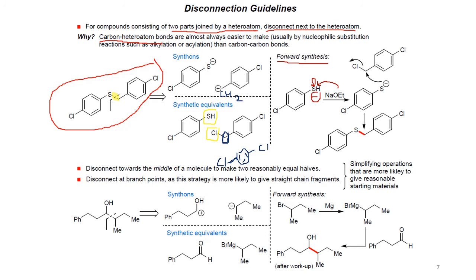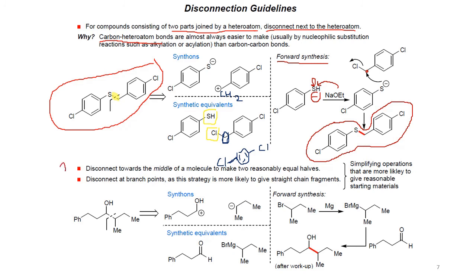In this case, this carbon is the most positive because it is attached to chlorine, an electronegative atom. So S will attack this carbon and this bond will be broken. As you know, chlorine is a very good leaving group. So you finally form this compound. It is very easy.